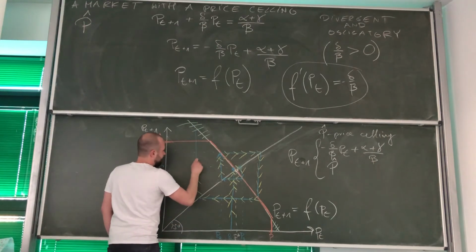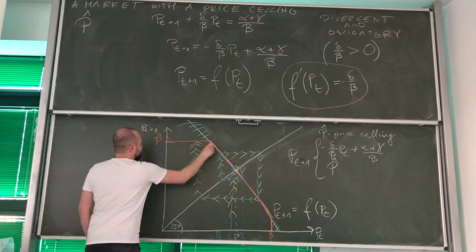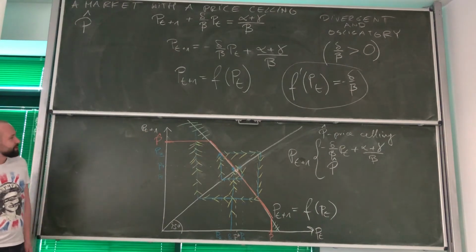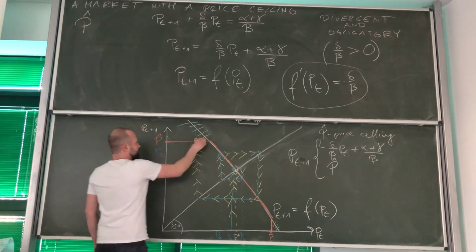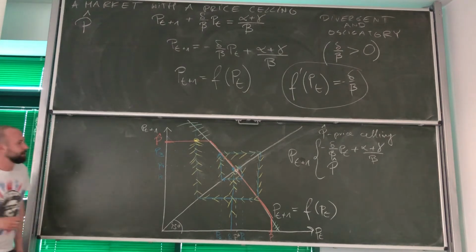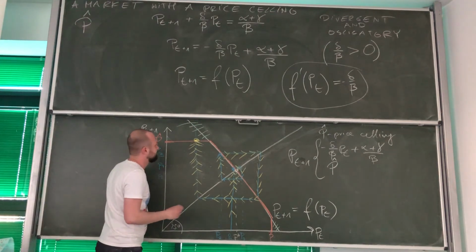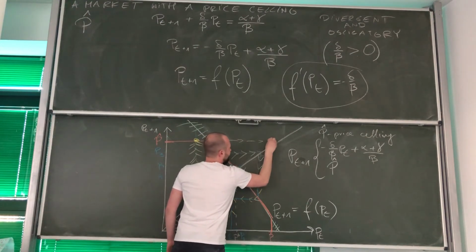But then we reach this level, and what do we see here? Price cannot be higher than P hat, right? So what happens? We are continuing over here.